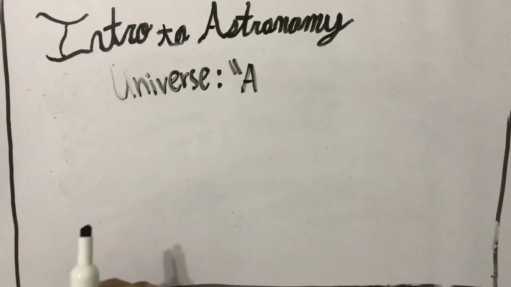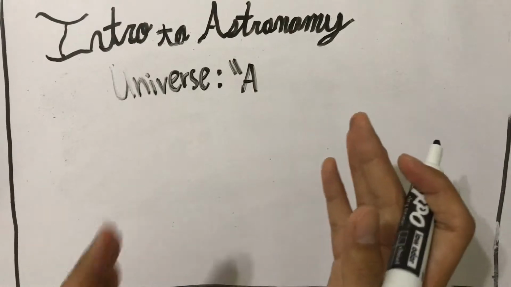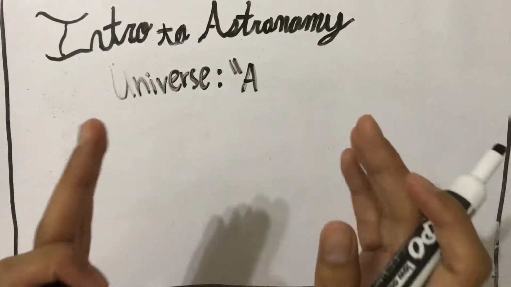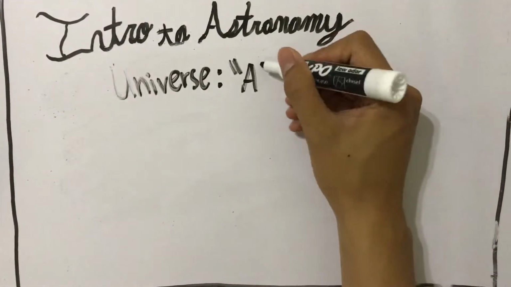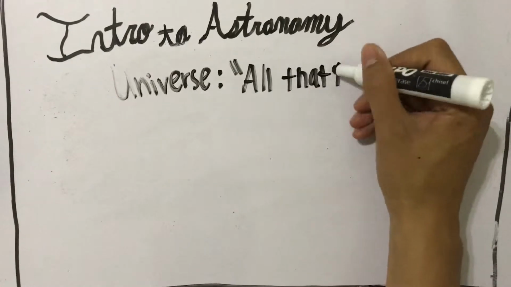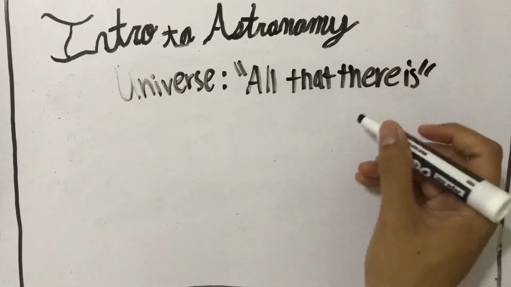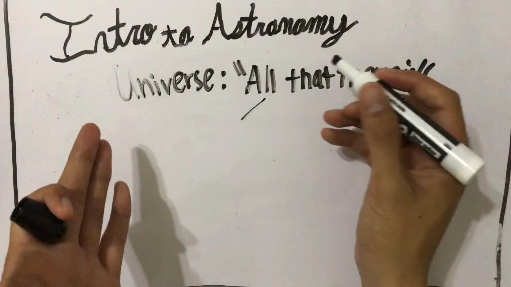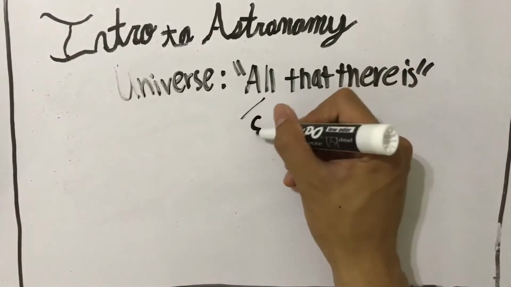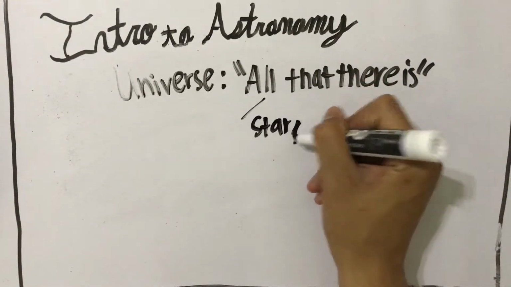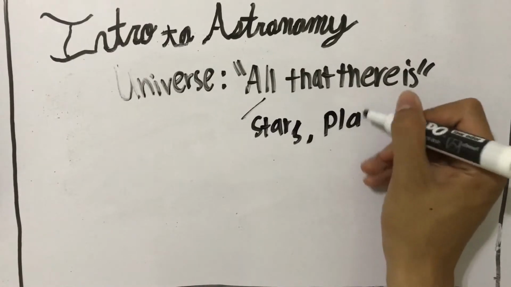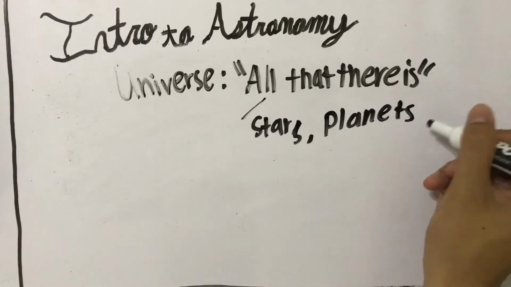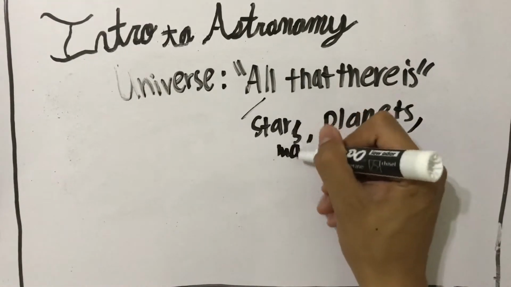We're going to talk about that more in the future, but right now we're just going to consider the possibility of having one universe, and that's all that there is. And all means millions of stars, everything that we know about stars, planets, black holes, all matter, energy, etc.